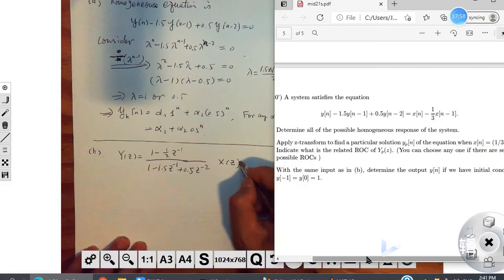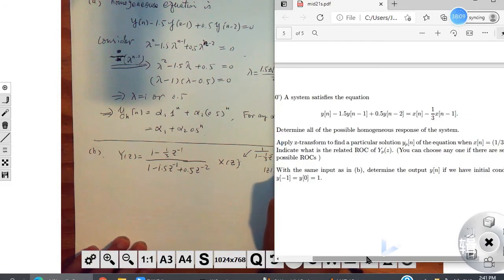And X of z now is 1 over 1 minus 1/3 z to negative 1, and our RC here is z larger than 1/3. This is the X of z because x of n is 1/3 to the n, given like this, right? So from this x of n you can have its z transform will be this, with this as our RC.